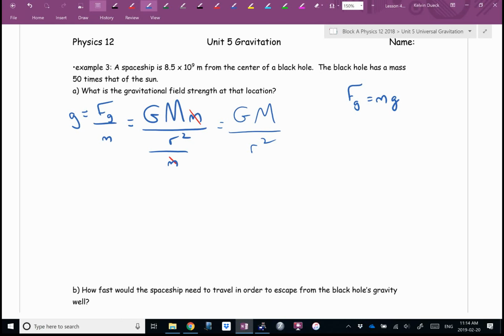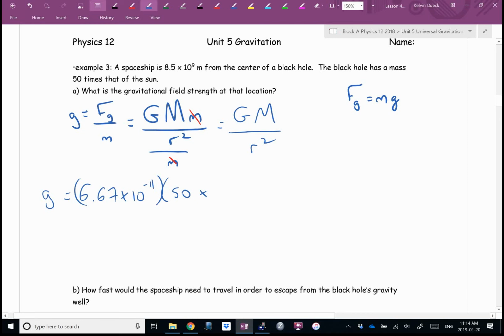Having said that, then, how big will it be here? Big G is 6.67 times 10 to the negative 11. M, it says it's 50 times the mass of the sun. So 50 times the mass of the sun, which is on your sheet.